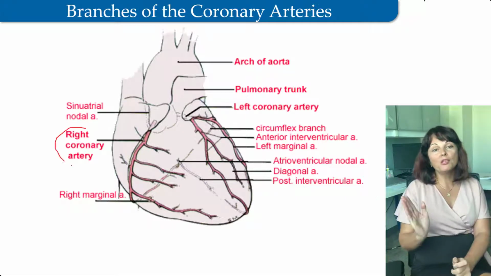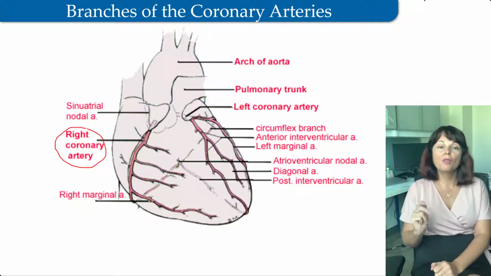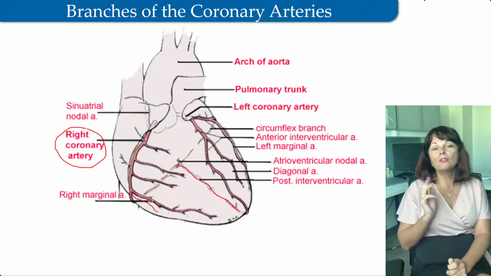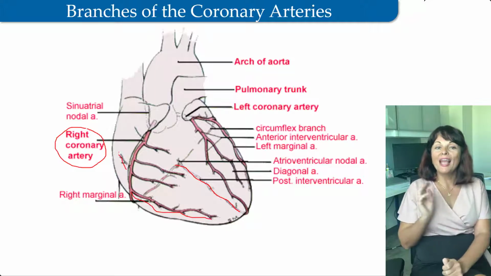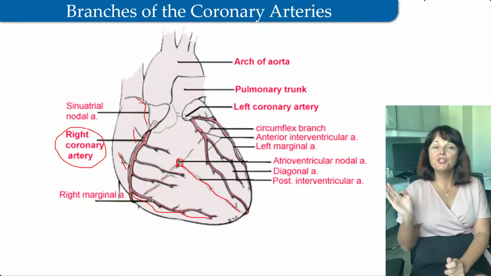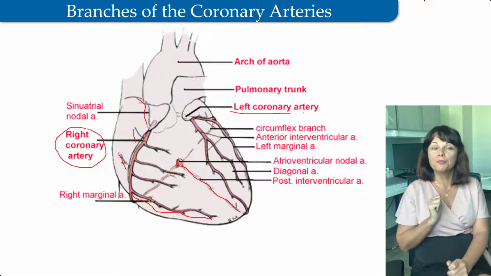For the right coronary artery, these branches are the posterior interventricular, right marginal, atrial branches, including the sinoatrial nodal branch and the atrioventricular nodal branch.